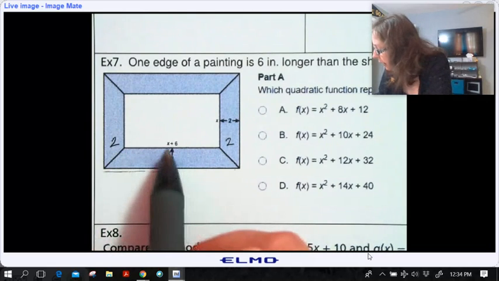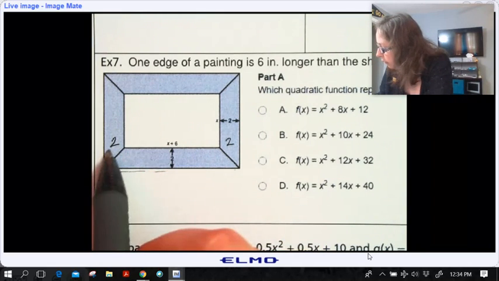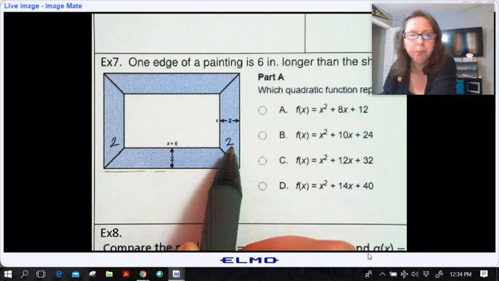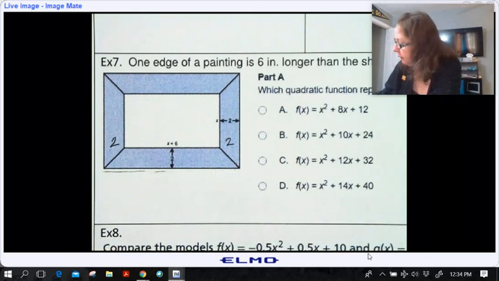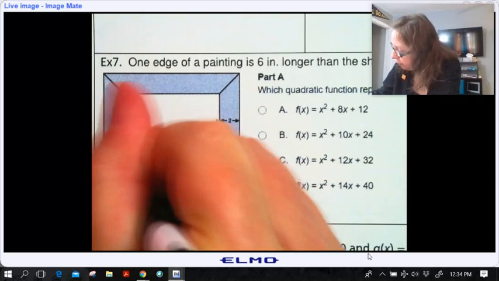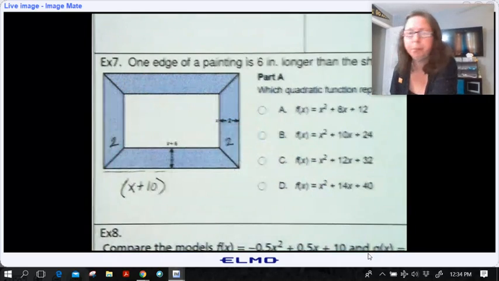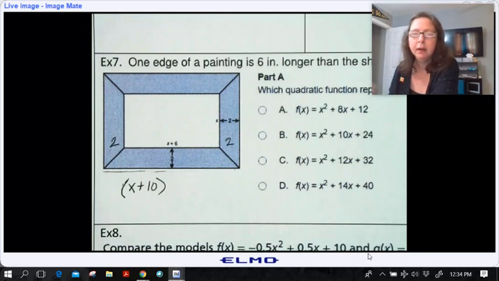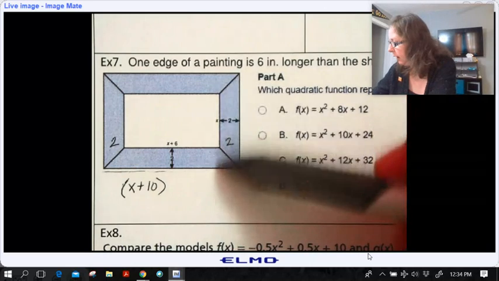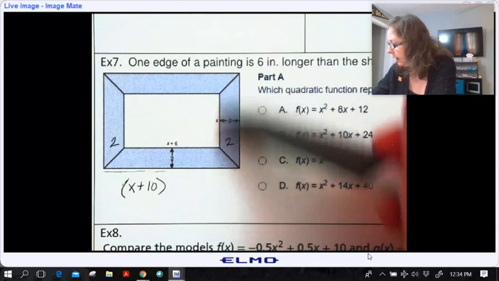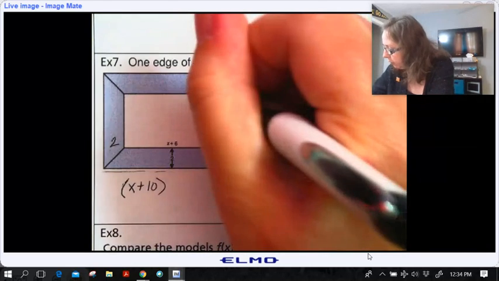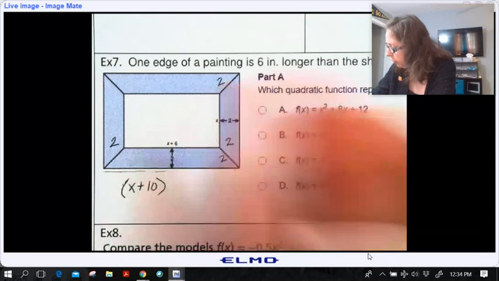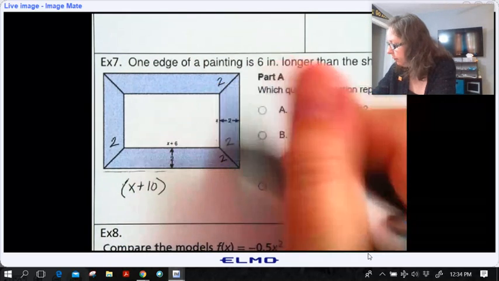It's going to be x + 6 + 2 + 2, which is the same as x + 10. Okay, now let's do it for this side. This is side length x + 2 + 2. So it's x + 4.